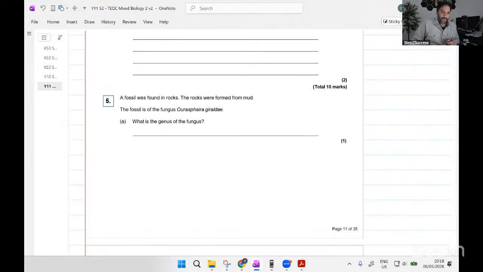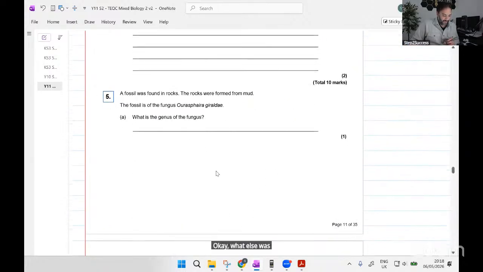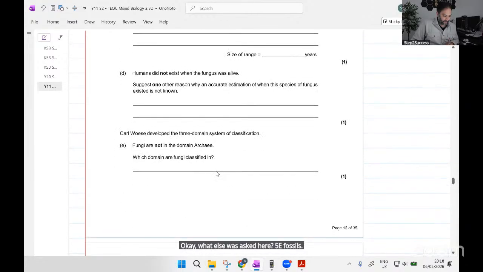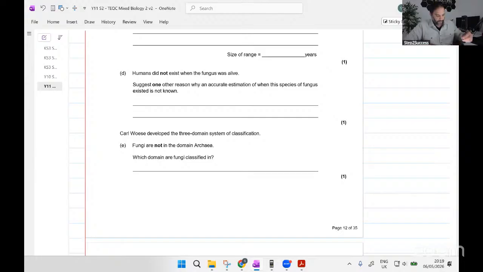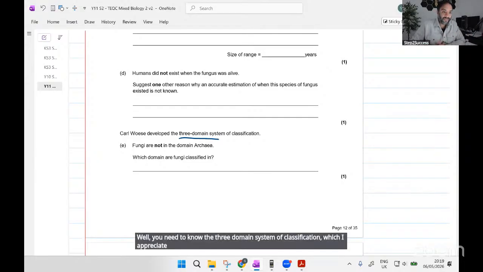Okay, what else was asked here? 5E, fossils. Ugh. Okay. Well, you need to know the three-domain system of classification, which you possibly don't need to know yet.